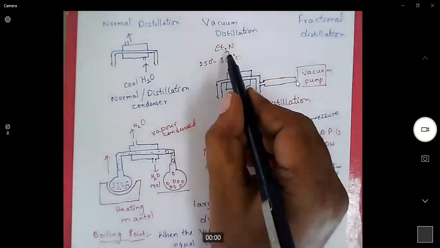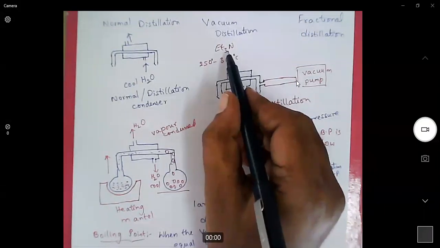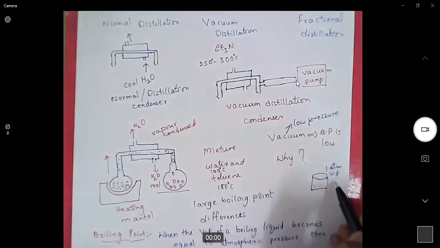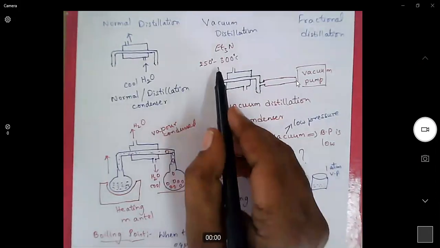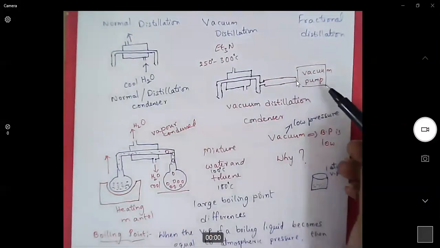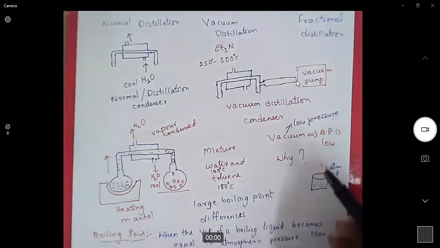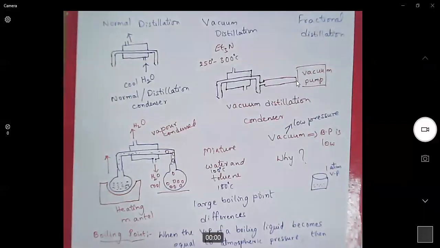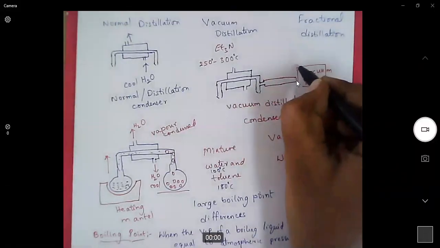When we try to distill triethylamine under normal conditions, we need to supply around 300 degrees centigrade. But when we do the same distillation under vacuum, the boiling point may be around 150 degrees centigrade.